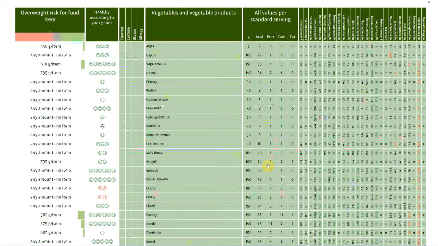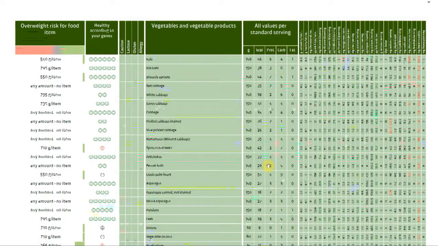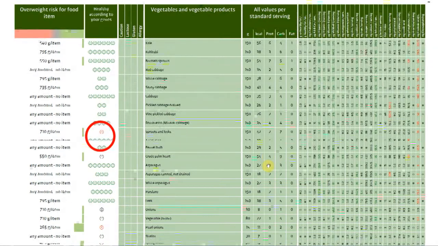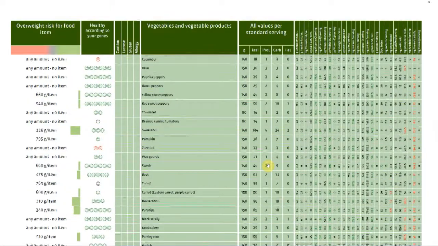Then there are neutral faces, these black ones, iceberg lettuce for example. It means it contains some negative stuff, but also some good stuff, and they kind of balance each other out, so it's neither good nor bad for you to eat this. And then there is one red smiley face. That means more bad stuff in it than good things, and it goes up to 7 unhappy faces.